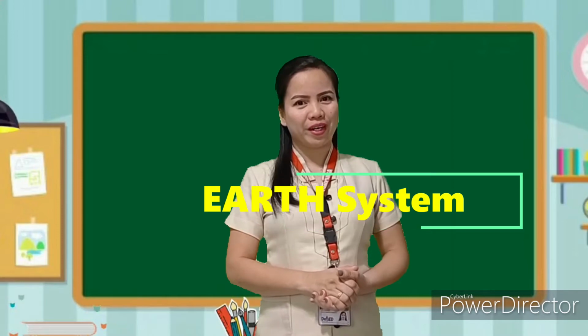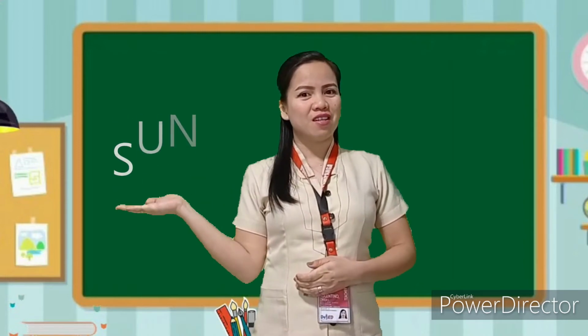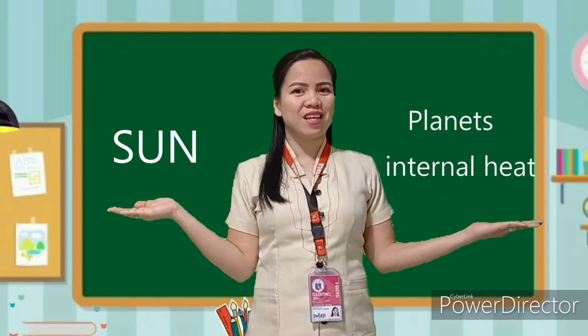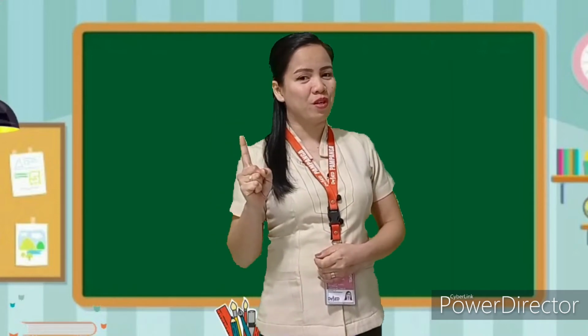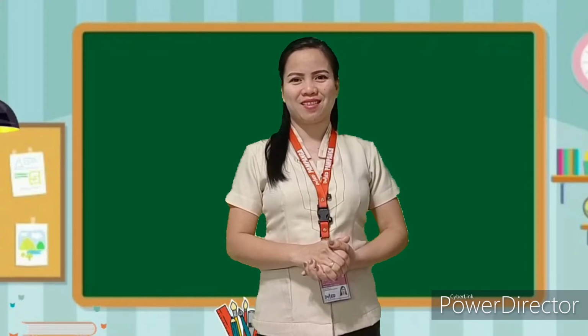It is powered by energy from two major sources: the Sun and the planet's internal heat. These enable numerous processes and cycles to take place.